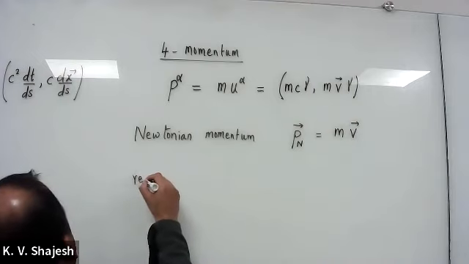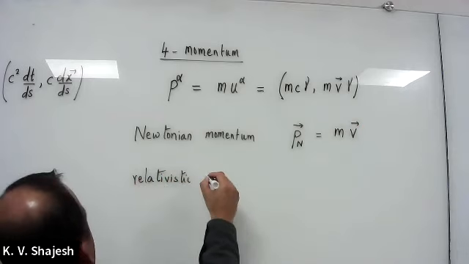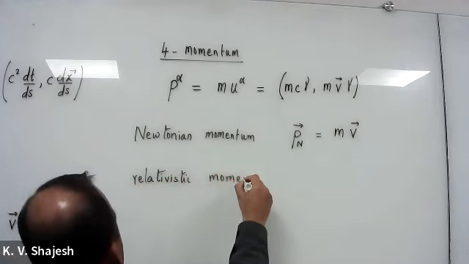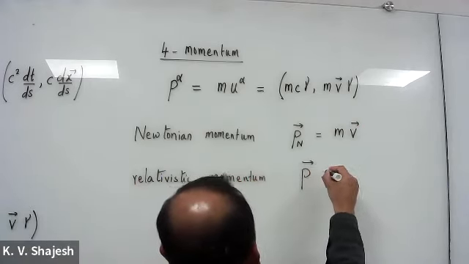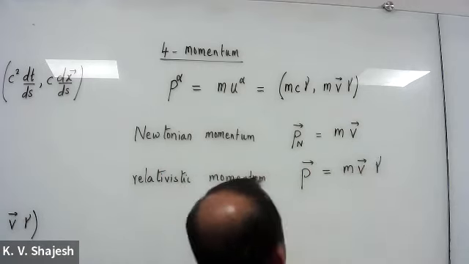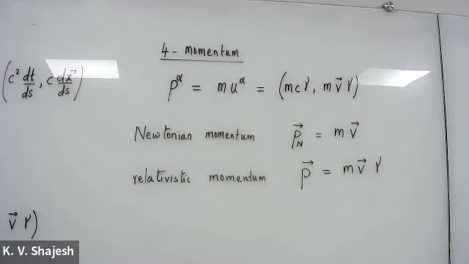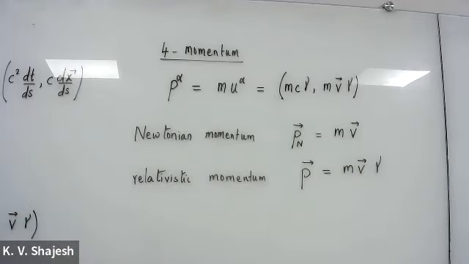This will be the relativistic momentum: P is equal to M times V times gamma. From this point on, whenever we write P, it means this. In any relativistic context, when we write P, we always mean MV times gamma. The textbook changes, but it's always P for MV times gamma.